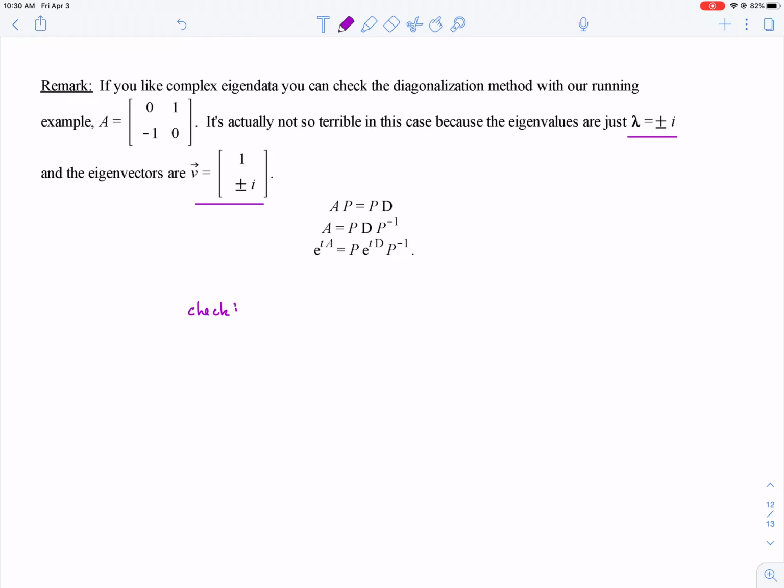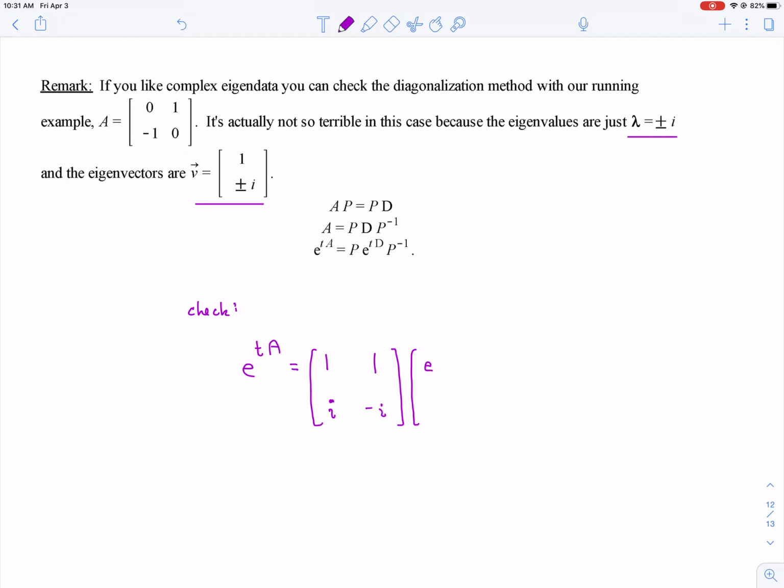So e to the tA would be, so the P matrix could be taken to be the columns (1, i) and (1, minus i). That's the lambda equals i eigenvector, and (1, minus i) is the lambda equals minus i eigenvector.